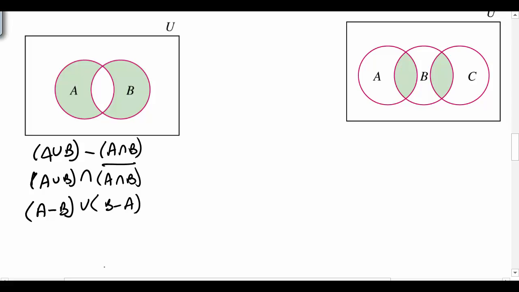Let's take a look at this other one here. We've got sets A, B, and C, and I'm looking at the stuff that intersects any two of them. So a couple ways I could write this.